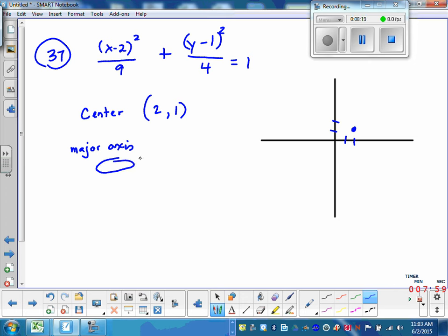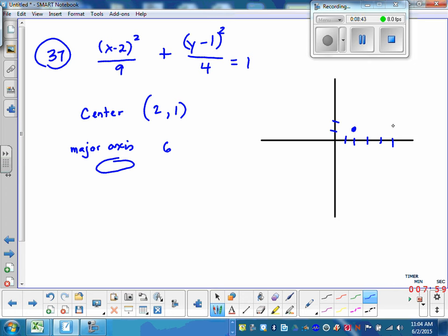It's going to be longer parallel to the x-axis. And we know that the major axis is going to be 6 because the square root of 9 is 3. And 3 doubled is 6. So the length of the major axis is 6. And that's going to be handy because what we do is we count 3 this way.